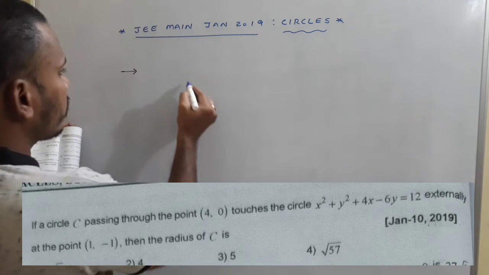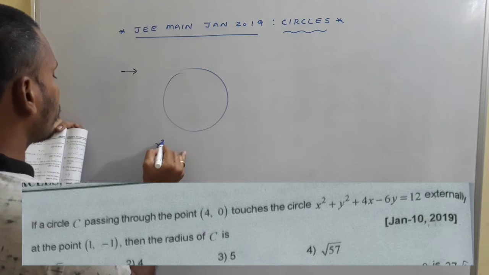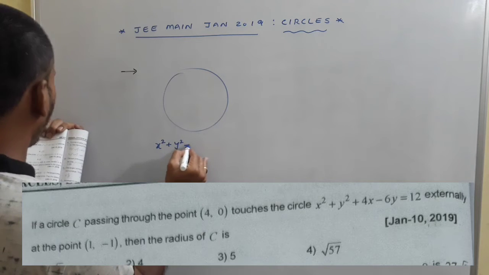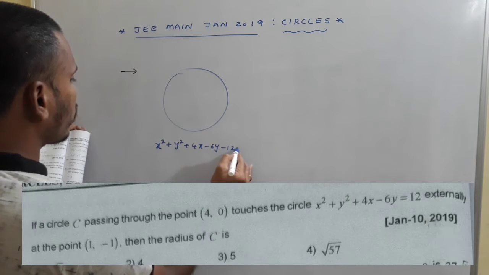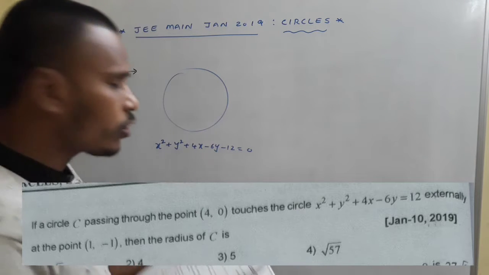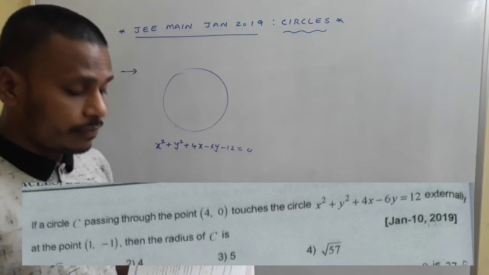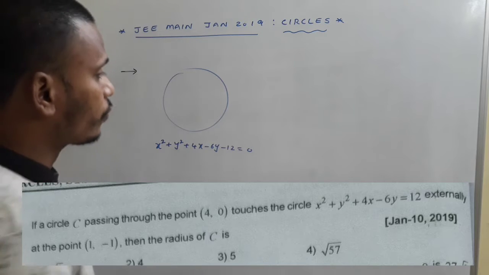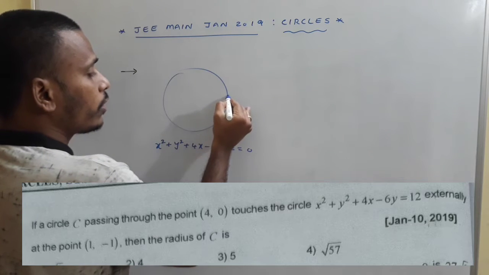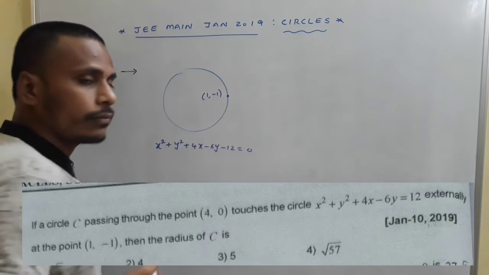See, actually we have a circle whose equation is given like this: x square plus y square plus 4x minus 6y minus 12 is equals to 0, the equation of this known circle. There is another circle which is externally touching this circle at the point 1, minus 1. So as they mentioned, for sure there is a point 1, minus 1 on this circle.